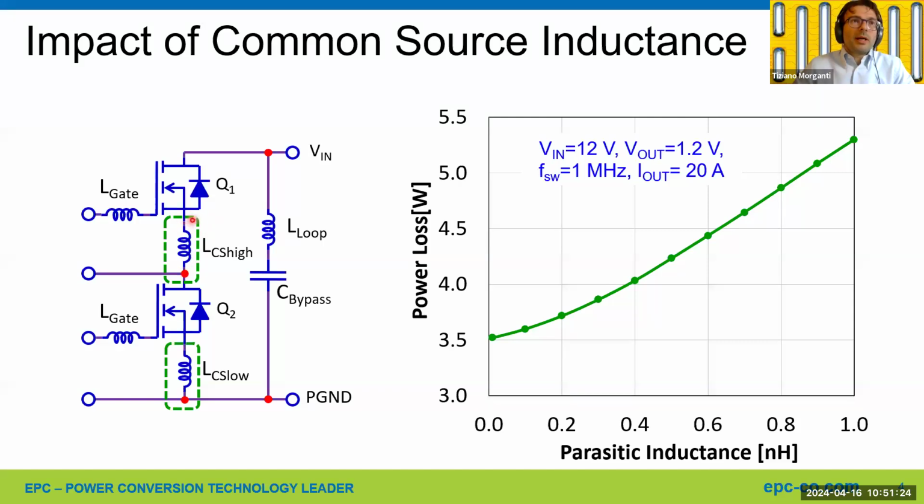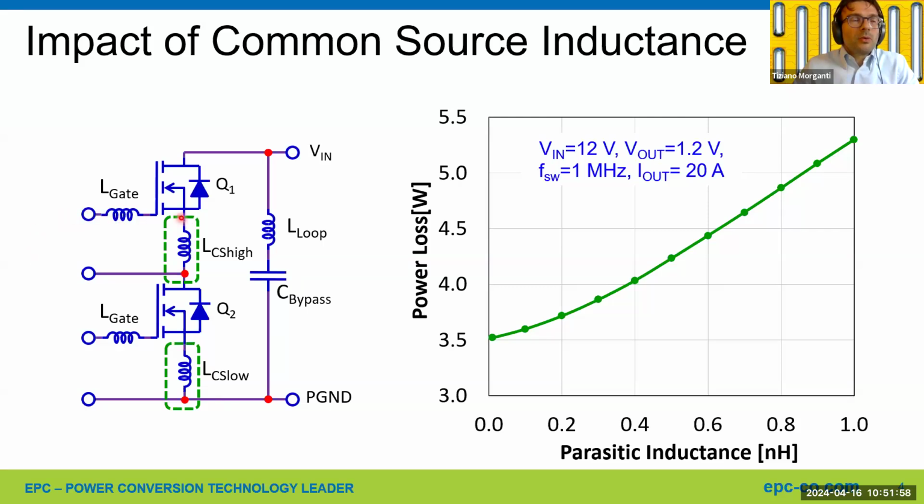So you have a variation over time of the drain current, and this same current is going in the common source inductance, and this di/dt is creating a voltage drop on the common source inductance.